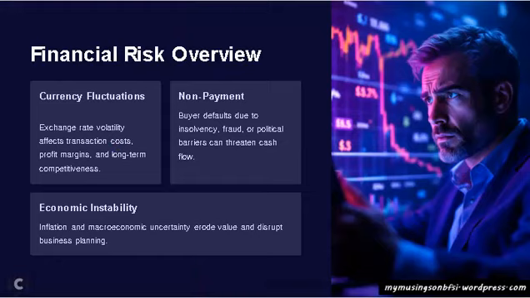Currency fluctuation and exchange rate volatility is the first subsection. Exchange rates are the cornerstone of international trade because they dictate the cost of goods or services, the capital flow between the countries, and the cost of goods sold.